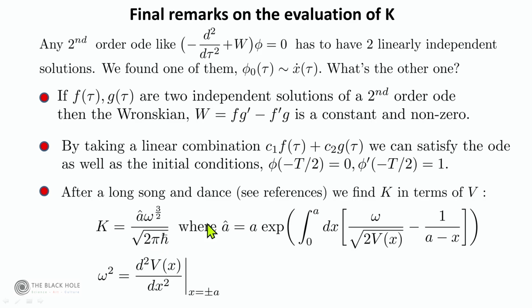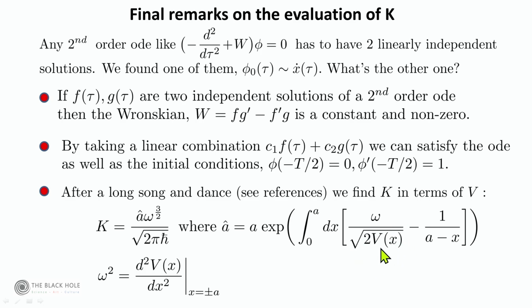And what is this A? Well, this A is the exponential of this thing. You start from the point minus A and you go to plus A. That's the A over here. You integrate from here to here times this thing. This is something that comes because of the singular nature of the integrands. Look over here. When x approaches A, you have a logarithmic singularity.